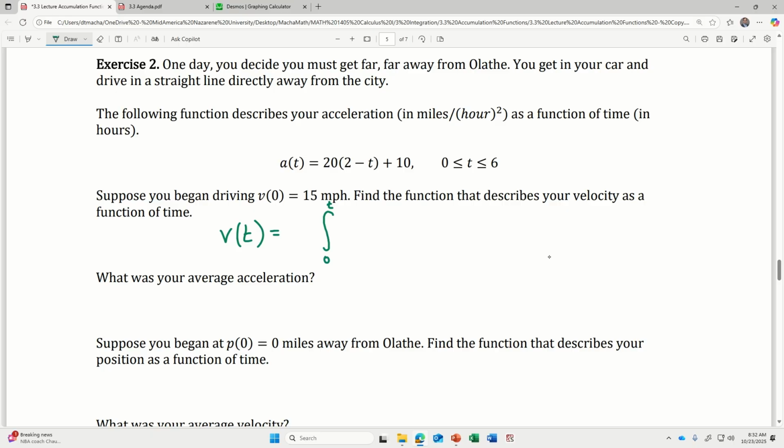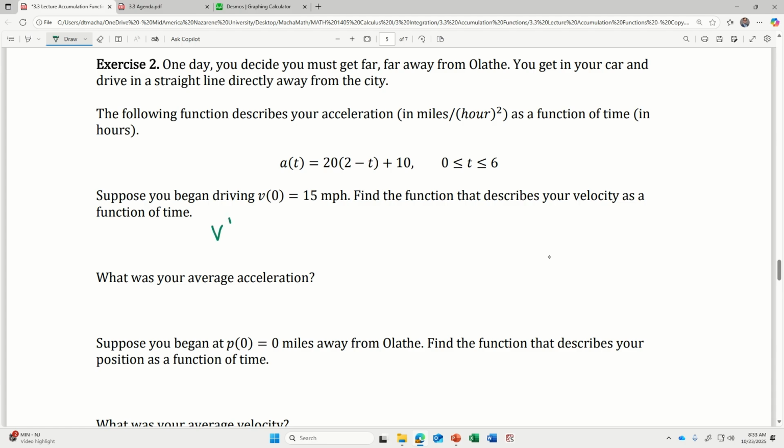So I'm going to put my acceleration function here on the inside of the integral. And it's kind of standard practice to use a different variable for integration. I hope this makes sense to you. Or maybe not. Let's try this a different way.